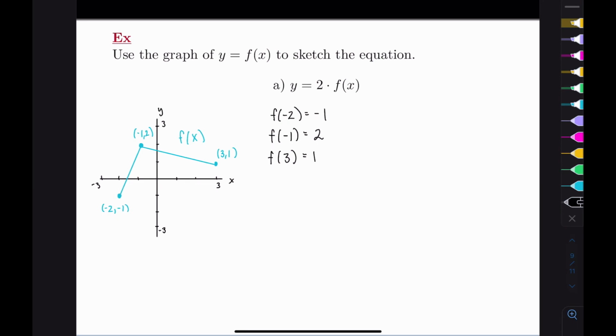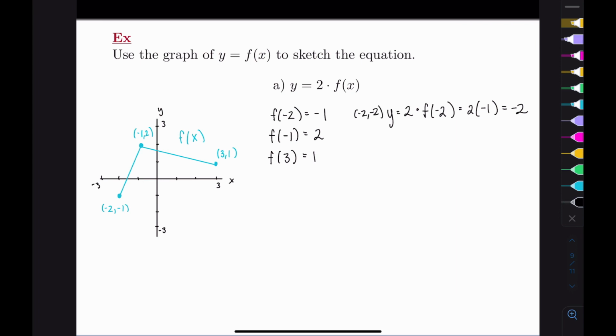So what I can do is I can now plug those same x values into this expression to see what y corresponds to it. So in the case when we plug negative 2 in, this would be 2 times f of negative 2. Well, f of negative 2 is negative 1. So this function goes through the point negative 2, negative 2.